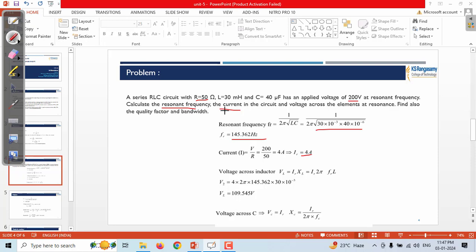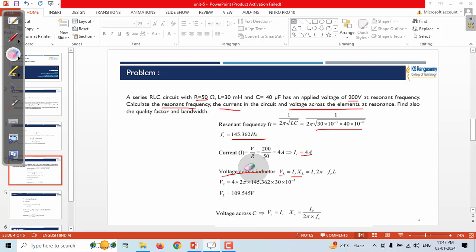Next, the voltage across the elements: we have to find the voltage across the inductor and the capacitor. The voltage across the inductor, VL, is I into XL, that is, current into inductive reactance.